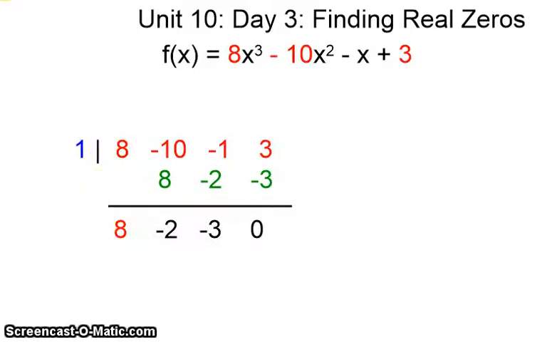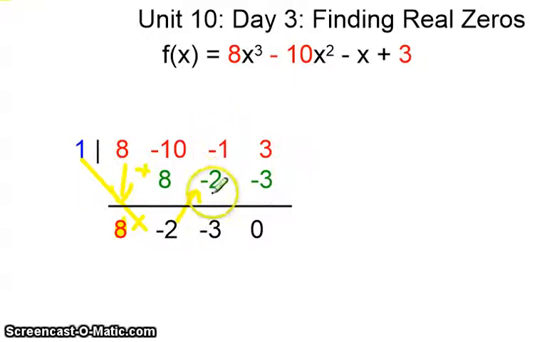The first thing you do is bring down the 8. And when you bring down the 8, that's what you use with the potential 0 to multiply. 1 times 8 is 8. And then you add: negative 10 plus 8 is negative 2. And then you multiply again, 1 times negative 2, and that ends up being negative 2.